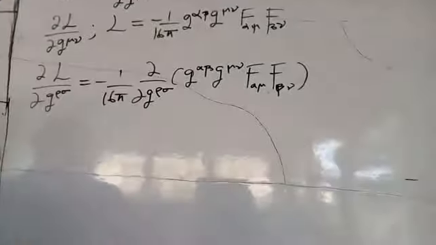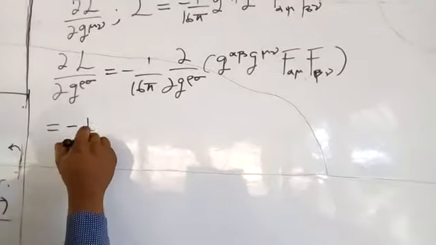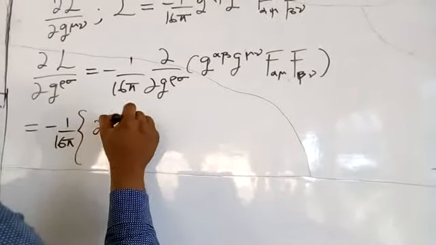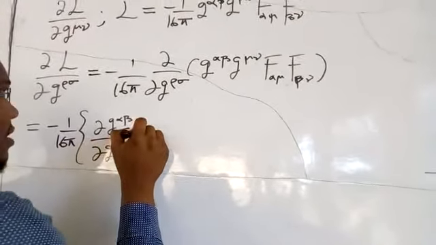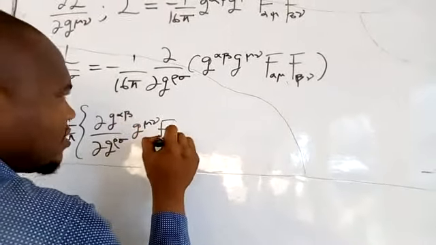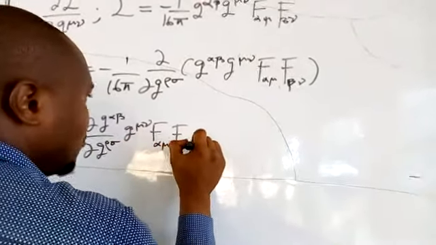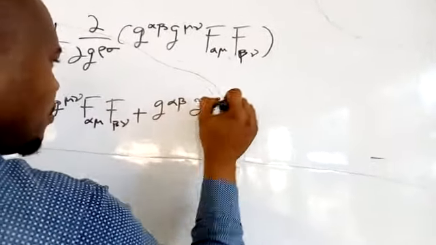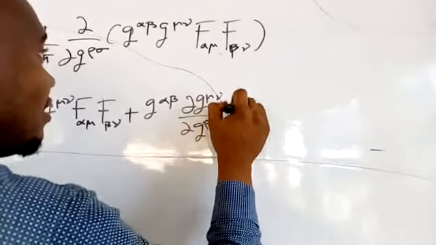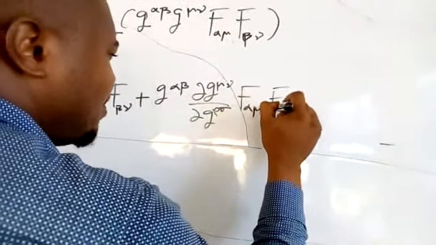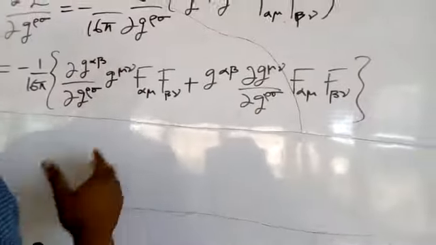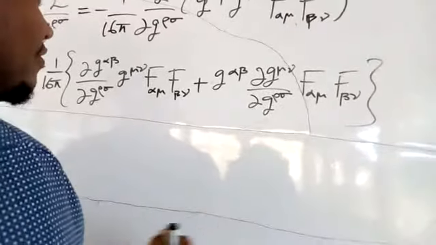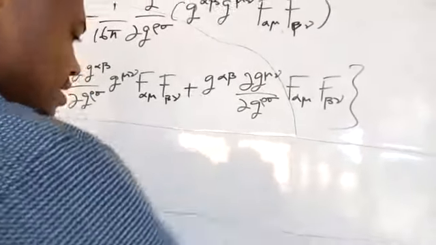Okay, now at this point you can see that by Leibniz rule, what I'm going to get is dG alpha beta over dG rho sigma, G mu nu, F alpha mu, F beta nu, plus, I leave the first one a constant, G mu nu, dG rho sigma, F again alpha mu, F beta nu. Of course, these F's are not functions of the metric tensor, so their derivative with respect to that will be 0. So we simply ignore that.